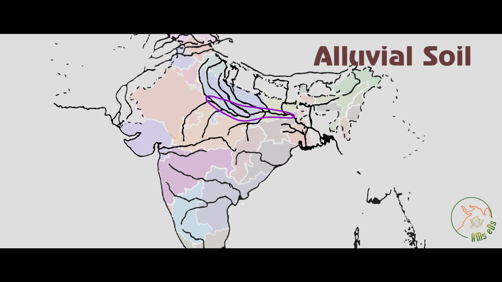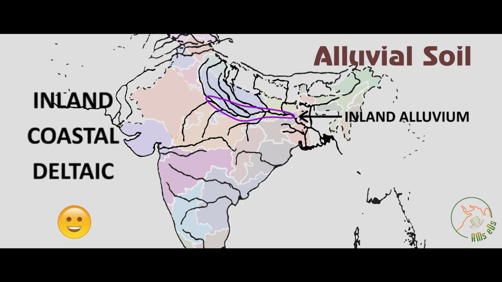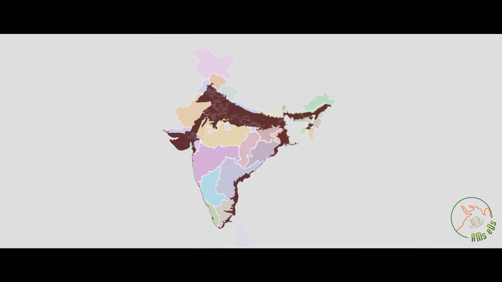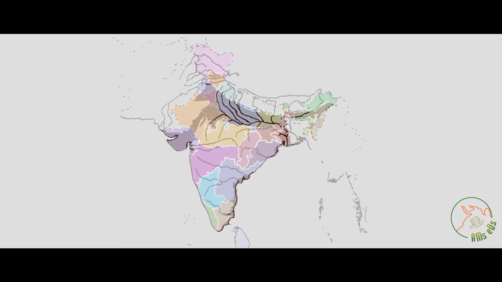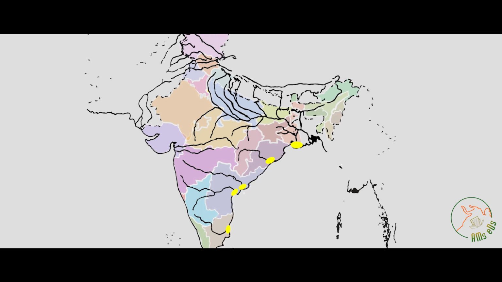Now, this is mostly inland alluvium. I hope that you remember the different types. We know that there are other regions where we find alluvial soil. For example, deltaic alluvium is found in the delta regions where the rivers drain into the sea.